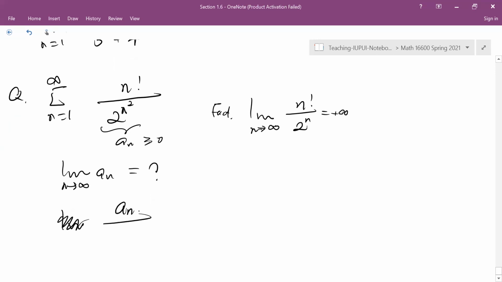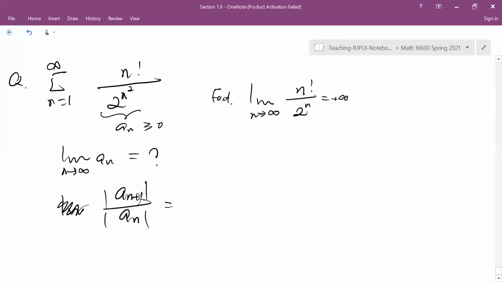Consider the ratio. I put the absolute value there, even though the terms are always positive, because that's the original statement. So let's try to simplify it.